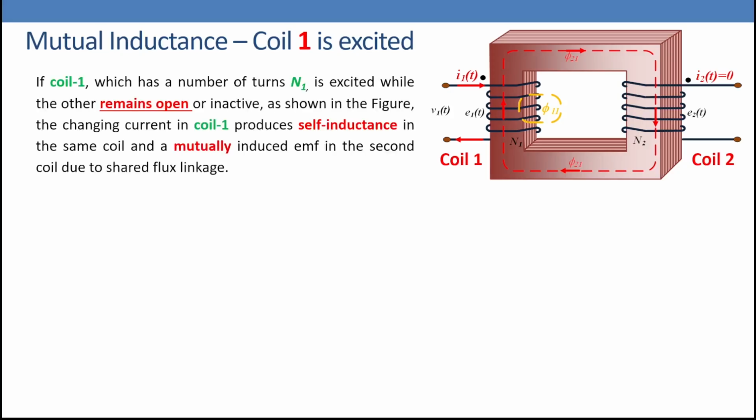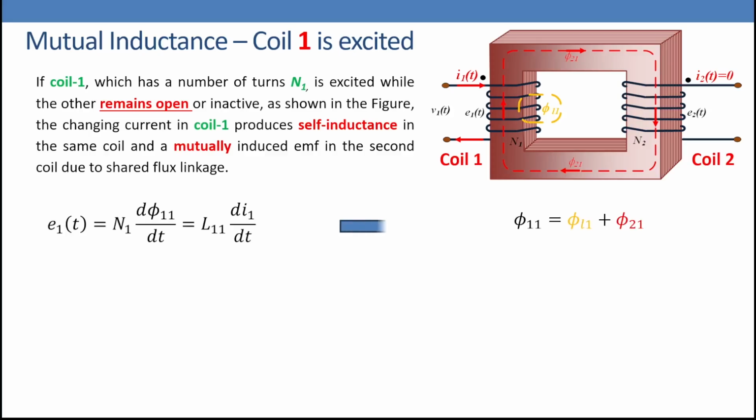So if coil number 1, which has N1 turns, is excited while the other remains open or inactive, the changing current in coil number 1 produces self-inductance in the same coil and mutual inductance to the other. How are we going to put those in equations? e1(t) equals N1 dφ11/dt. What's φ11? It is leakage plus linking flux.